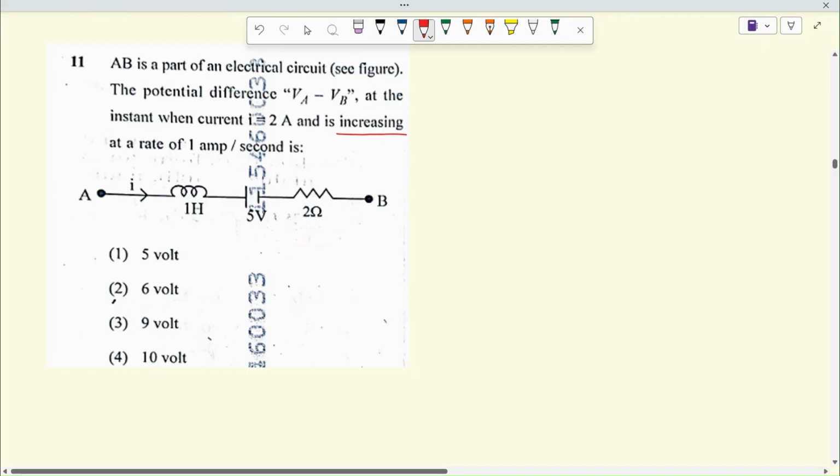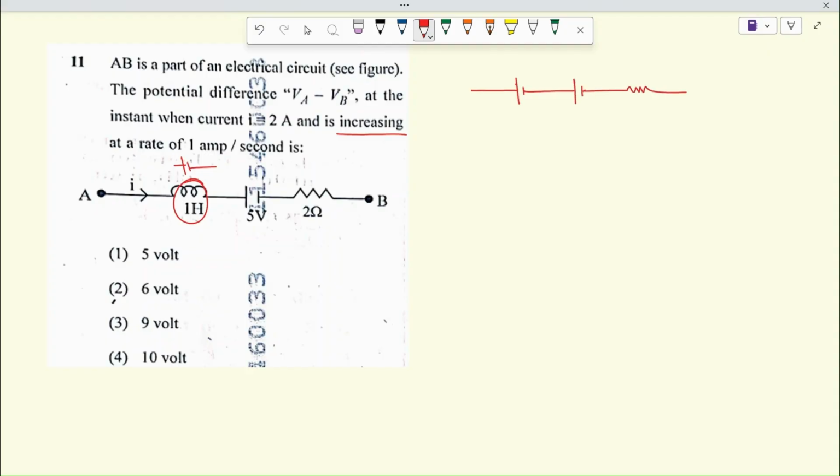It will produce an opposite EMF. So it will behave like a cell connected in the opposite direction like this. So the effective circuit will be this way: the inductor behaving like an opposite cell, then that 5-volt cell, then a 2 ohm resistor. And here are A and B.